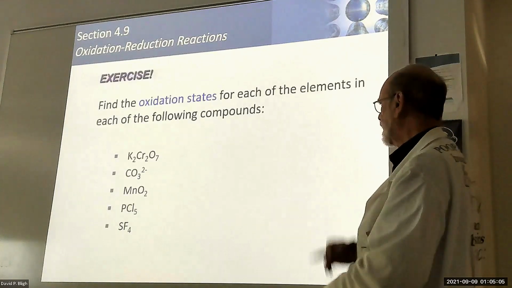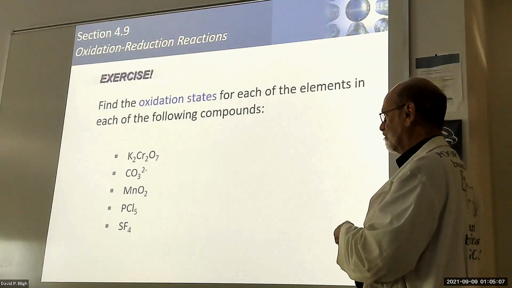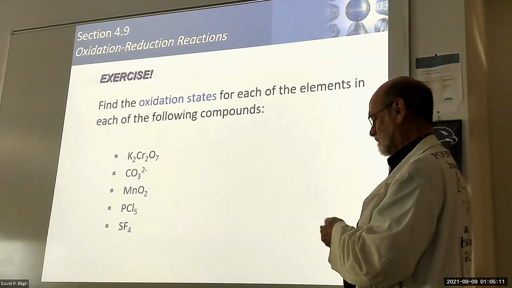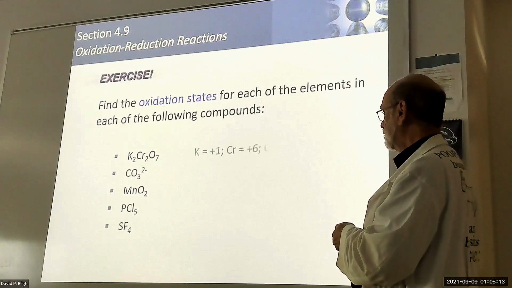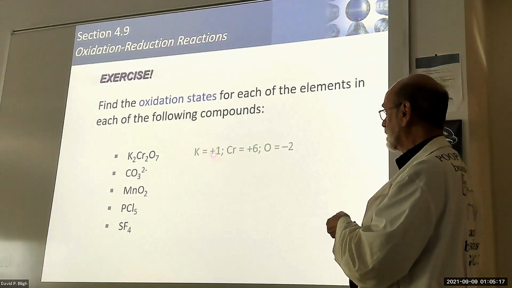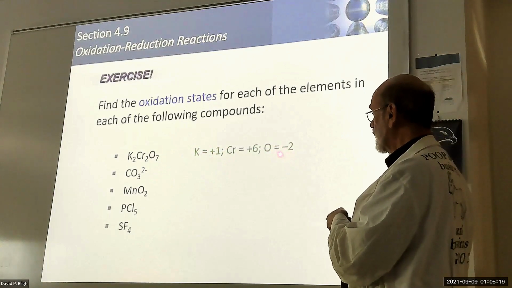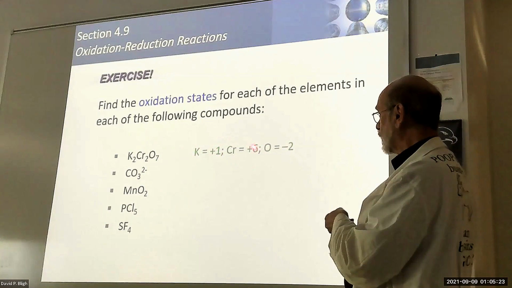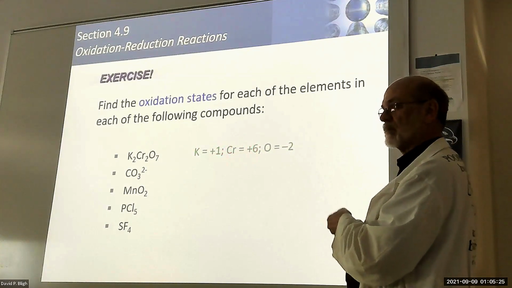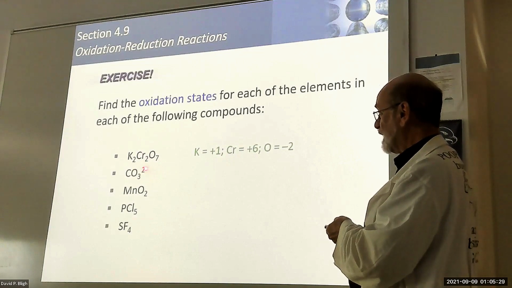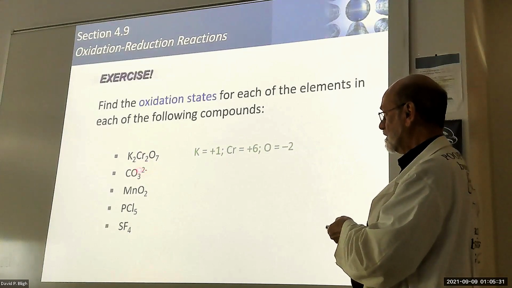Okay. Just follow the rules and you can balance these. Alkali metals, they're always +1 anyway. Oxygen's -2, so we can use these values here to calculate what this one is, the chromium, part of that molecule. This one has to balance to 2 minus.